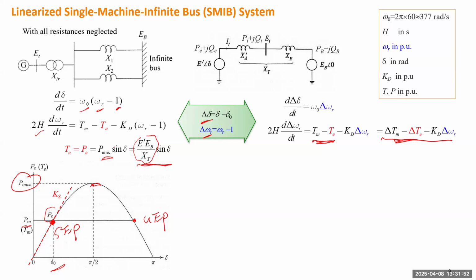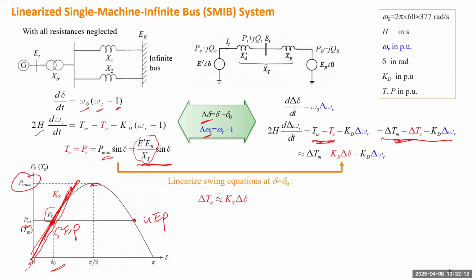The next thing is we want to linearize the power angle curve near the stable equilibrium point by this straight line. We use this straight line to approximate the sine function. That can be very accurate if it's a very small neighborhood near that equilibrium point.